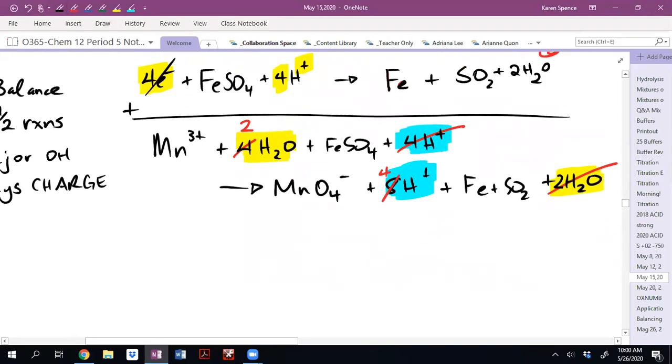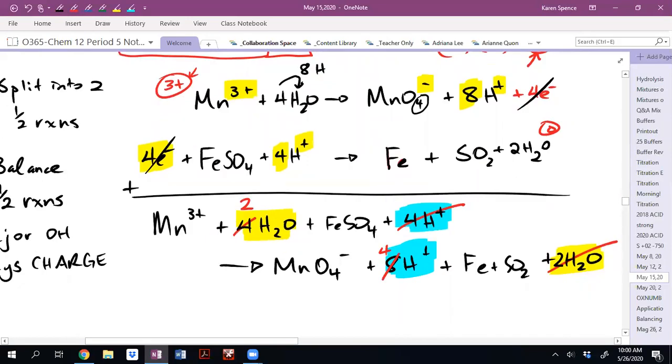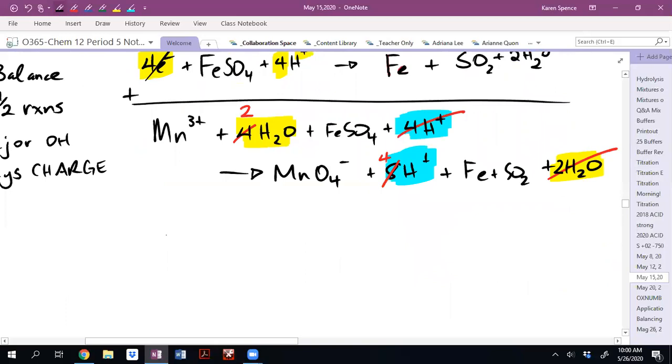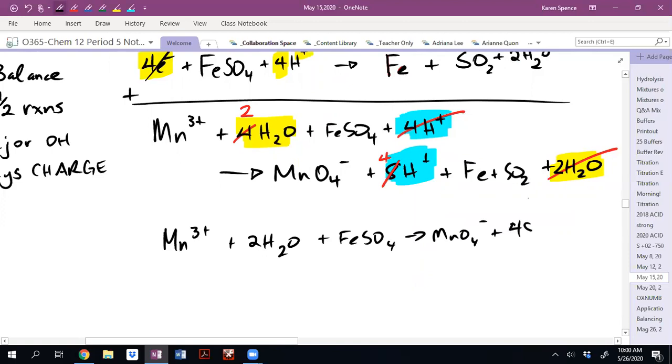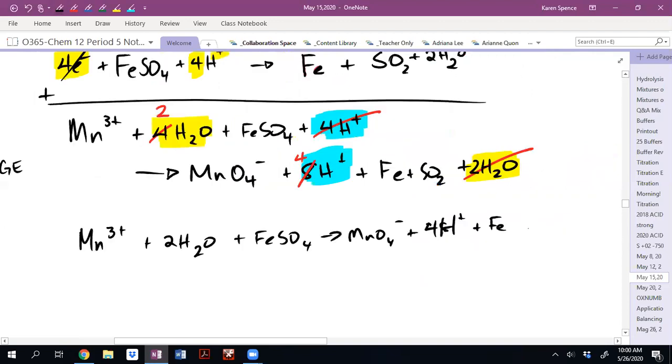I'm just going to rewrite it. There we go. Mn3+ plus 2 H2O plus FeSO4 goes to MnO4- plus 4H+ plus Fe plus SO2.